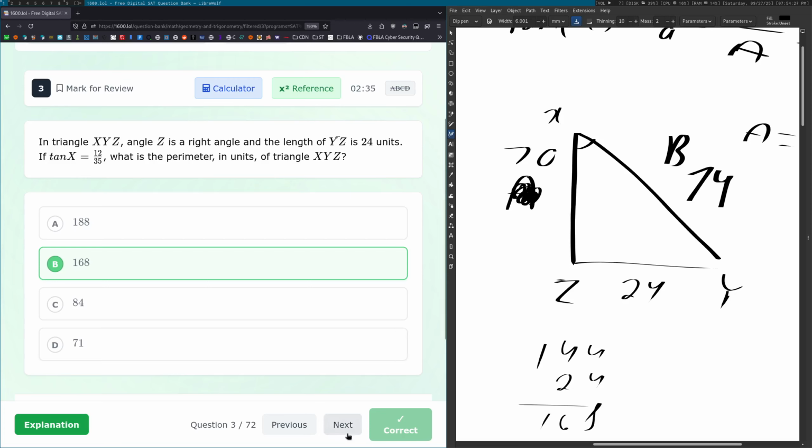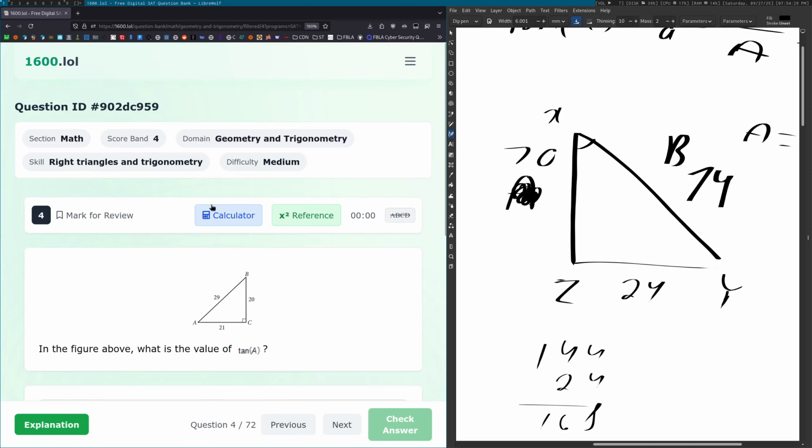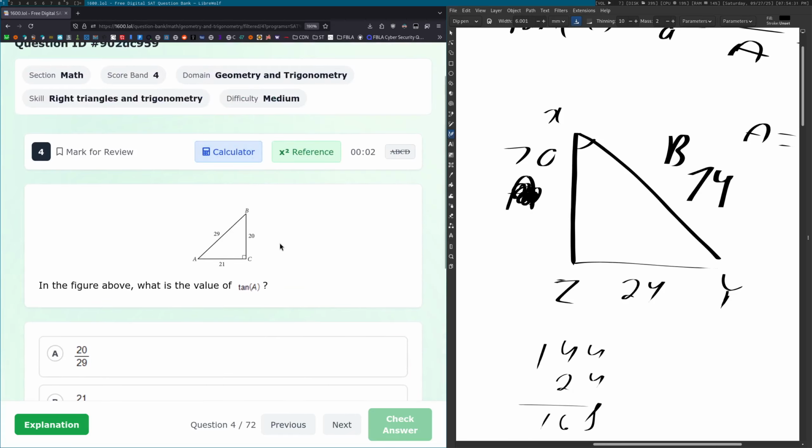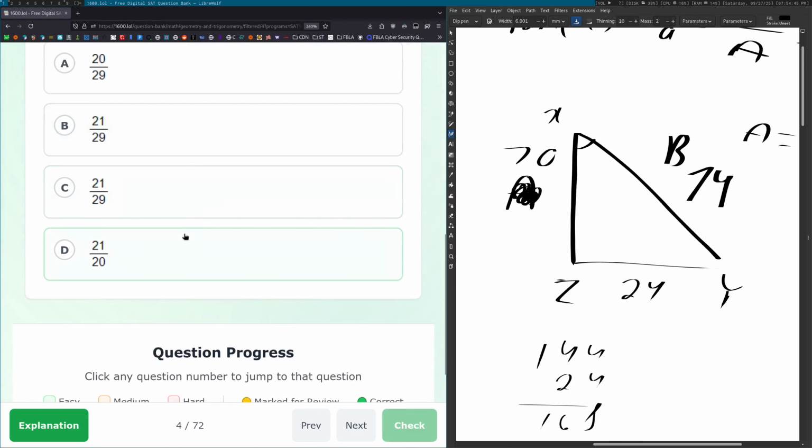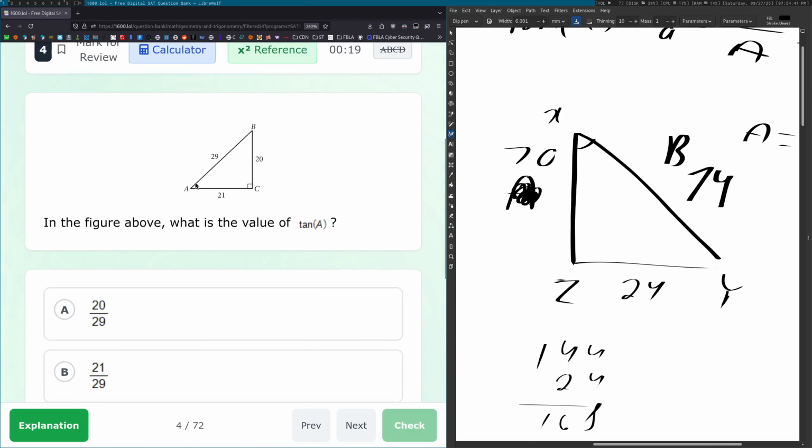Good. So this next one, these are really good because you just look at it. So we've got the opposite of A divided by the adjacent of A. 20 over 21. I don't think there's much to say about this.